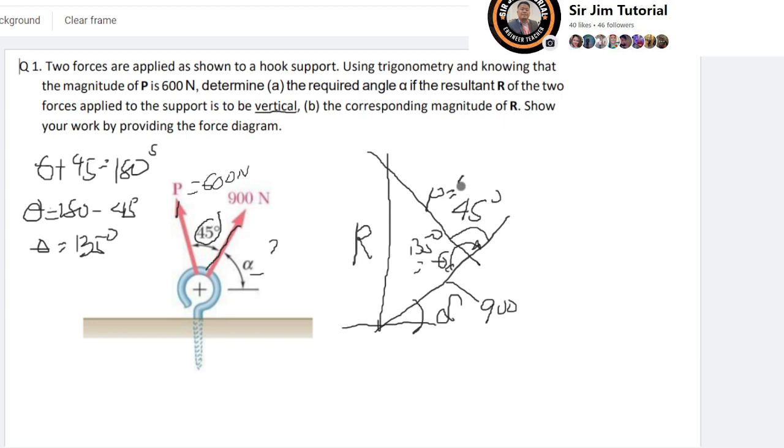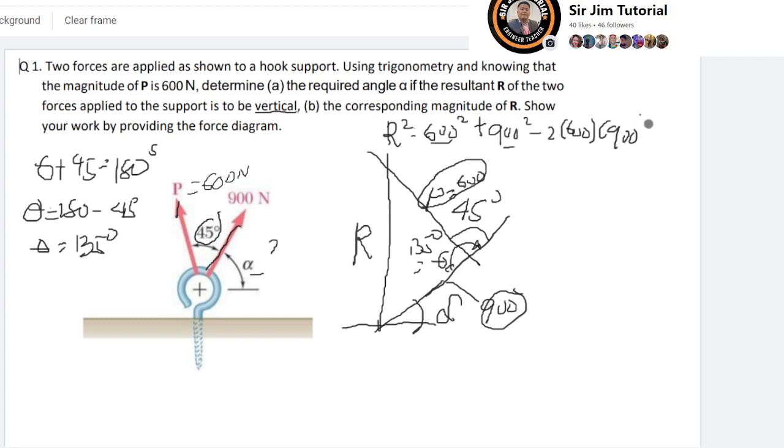Using cosine law, P here is 600. Take note. So you have R squared is equal to this side, which is 600 squared, plus the other side, 900 squared, minus 2 times 600 times 900 times the cosine of the angle opposite to R, which is this one, 135.